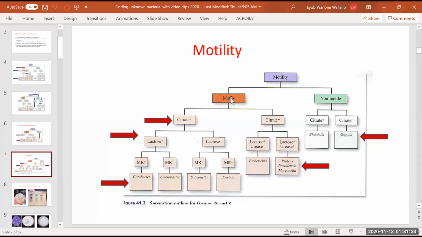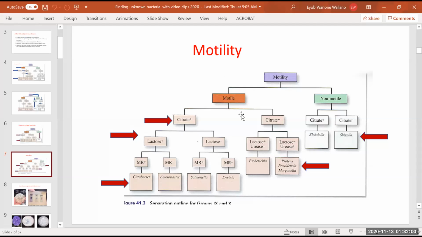I don't ask you, but I may ask you about stabbing. You take a bacterial culture, any of them, and then pass it into the semi-solid media, and then you are going to see diffusion in the media. If it diffuses, positive. If it doesn't diffuse, it's negative. So for this reason, motility is very important. In unknown bacteria, we do motility.